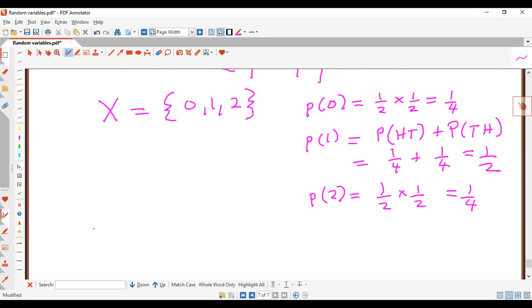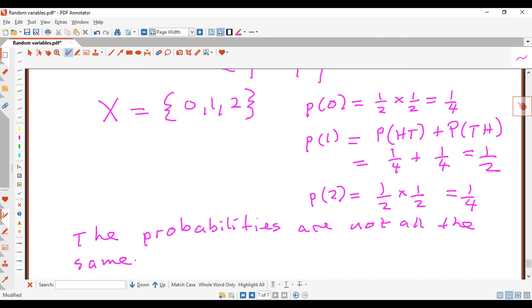So the probabilities are not all the same, which means it is not a uniform probability distribution.